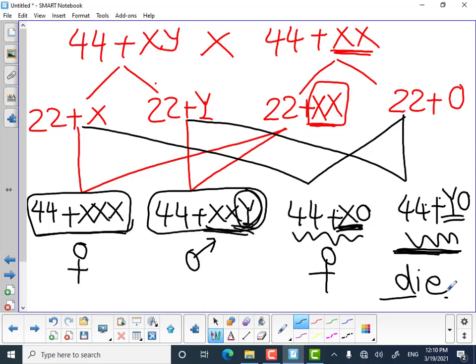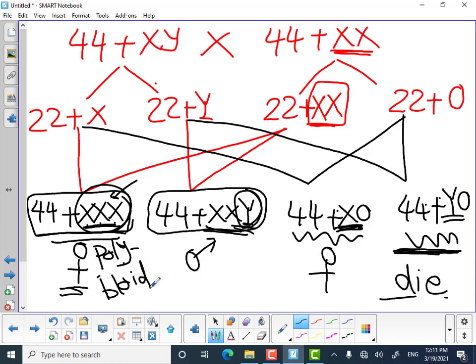Okay. This one will be female, but an abnormal female due to having 3 X chromosomes. This case is called polyploid, due to having 3 X chromosomes.